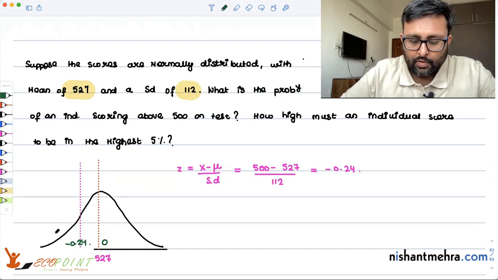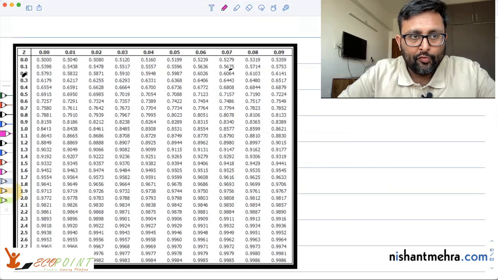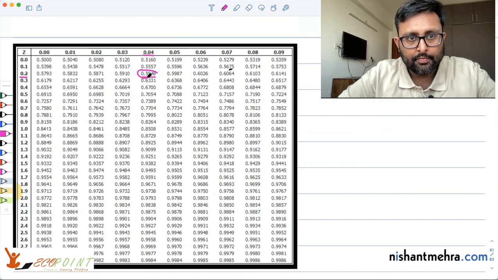So what will I be doing? I'll be finding out this 0.24 from the Z table. So let's have a look at that. 0.2 I'll take from here, and this 0.04 I'll take from here. So it is coming out to be 0.5948.